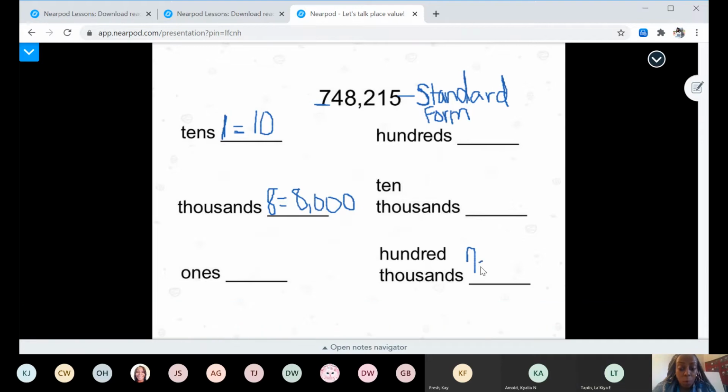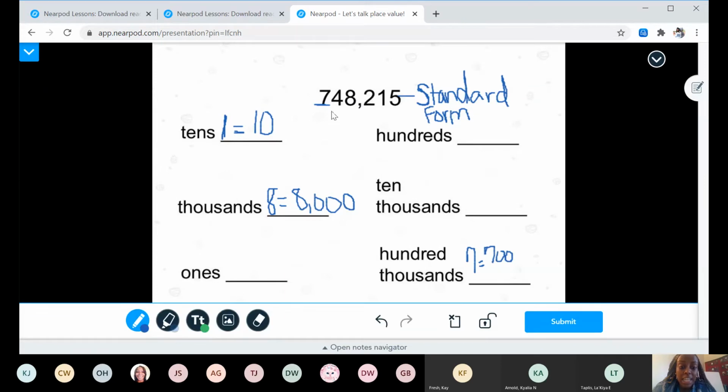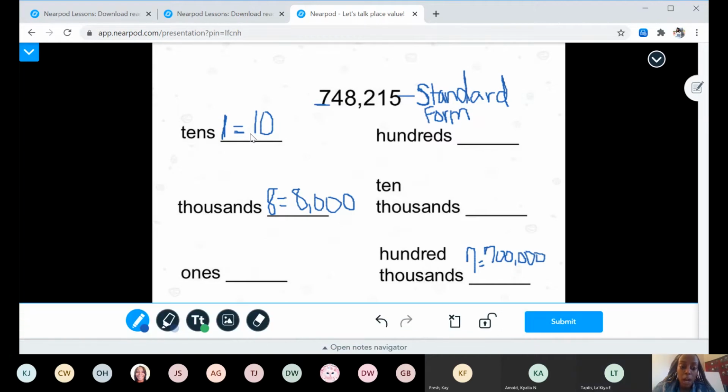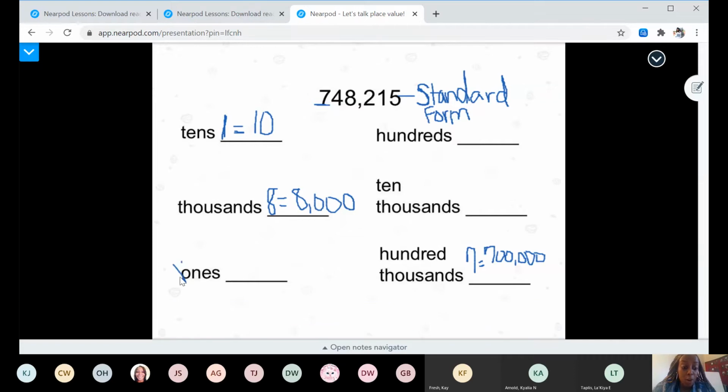So instead of it being worth 700, it would actually be worth 700,000. So I'm going to write my 7, and then everything else behind the 7 turns into a 0. Okay, so now we were able to see the 1 is worth 10, the 8 was worth 8,000, and our 7 is worth 700,000. So now it's going to be your job.